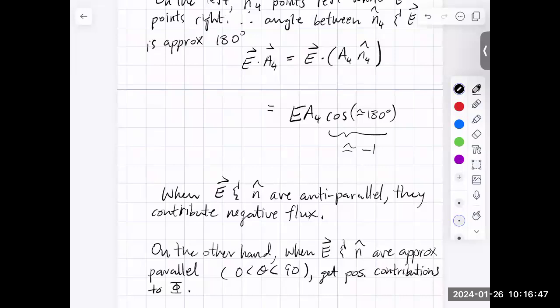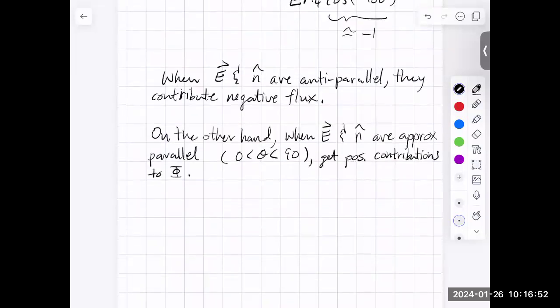And then what we noticed and what we'll write down is that for our cube placed in some arbitrary electric field, we have the same number of electric field lines entering and exiting our closed surface.